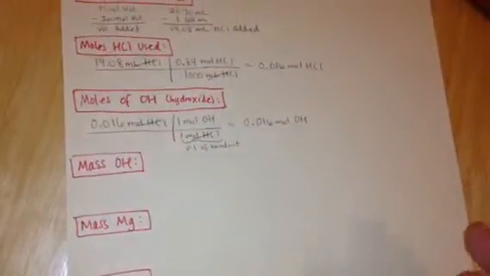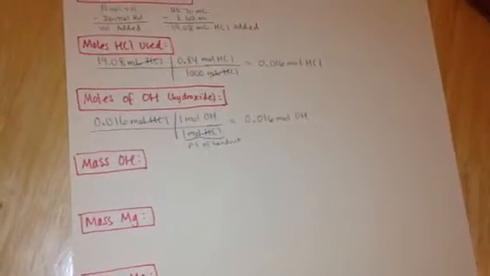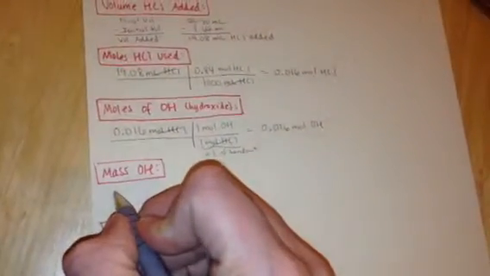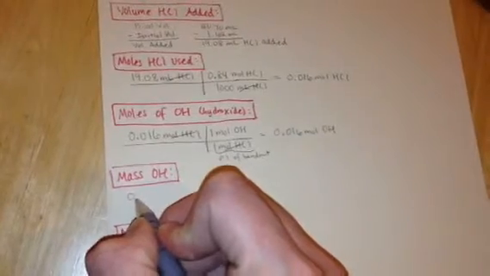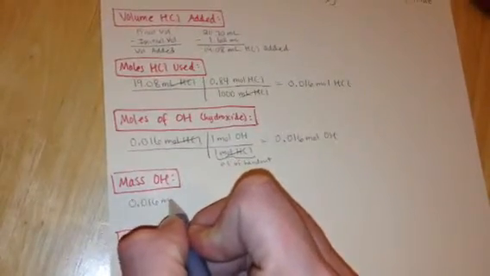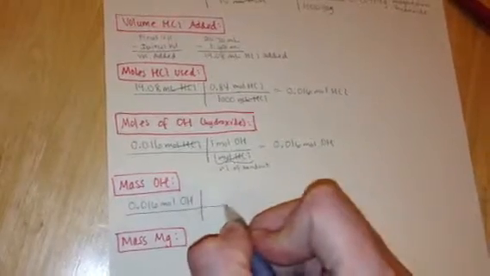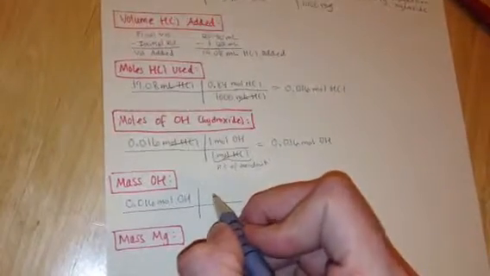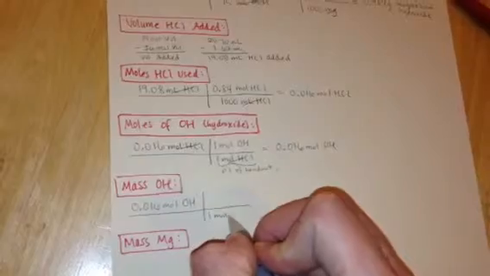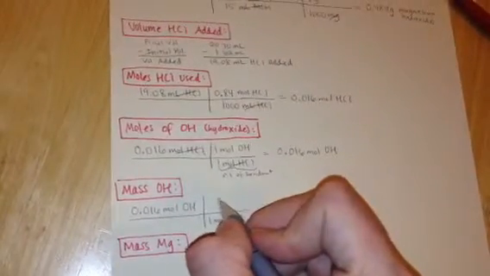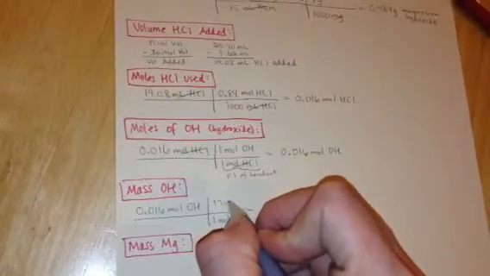Mass of OH comes next. It's kind of nice that it walks you down the line in order on the report sheet. You'll just get this from your moles of OH. So if you have 0.016 moles of OH, use the molar mass of OH. In 1 mole of OH, you have 17.01 grams of OH.